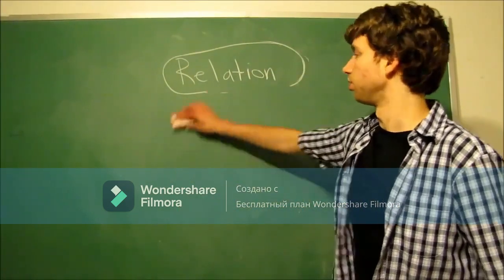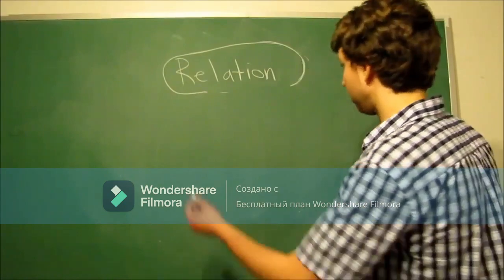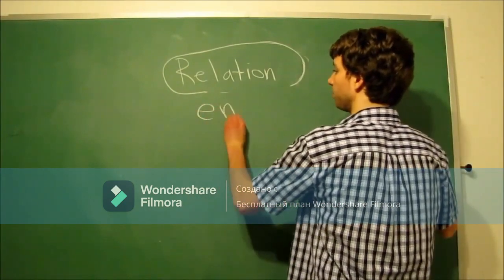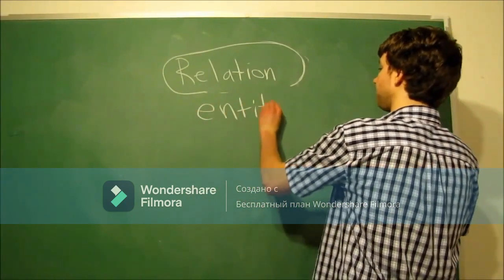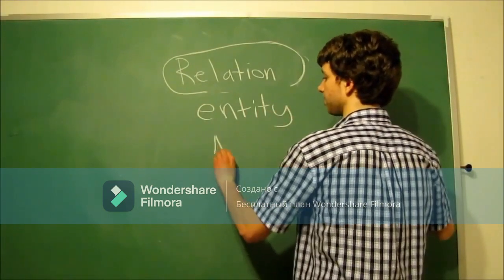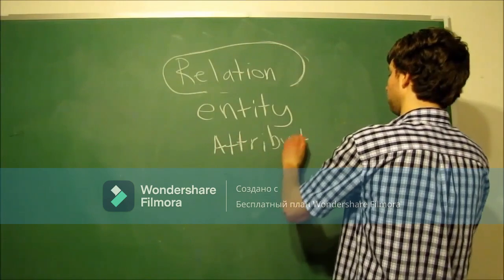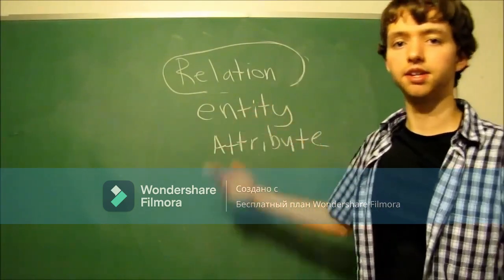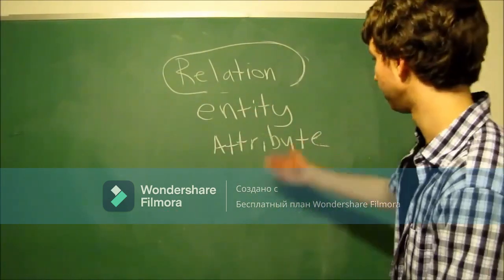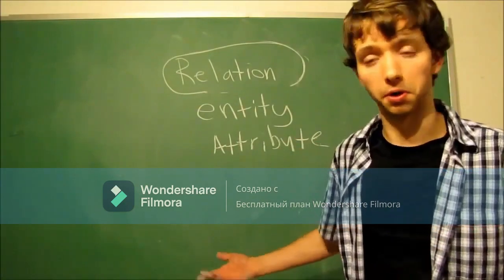First, you need to know two terms. The first one is an entity. The second one is an attribute. An entity is anything we store data about. Attributes are the things that we store.